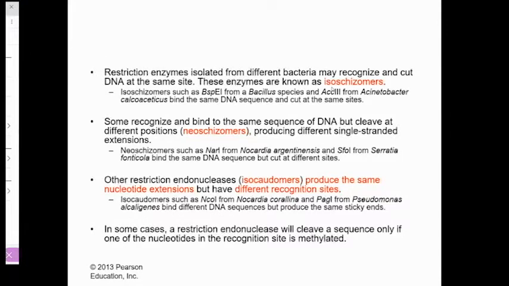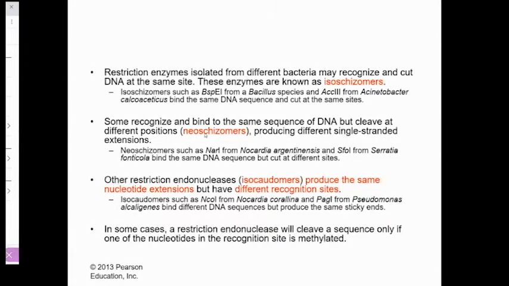And some enzymes can recognize and bind to the same sequence, but cut at a different position. We call those neoschizomers. They recognize the same sequence, but they cleave at a different location. Also we have enzymes called isocaudomers.